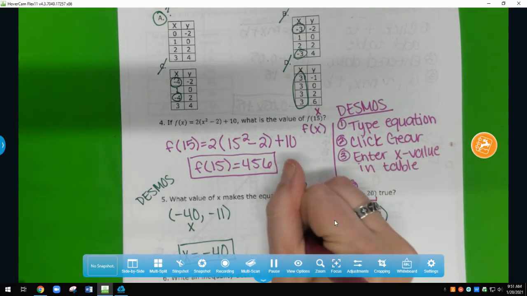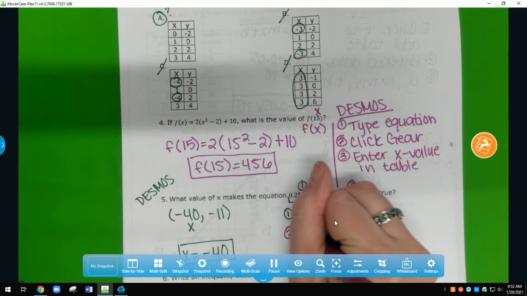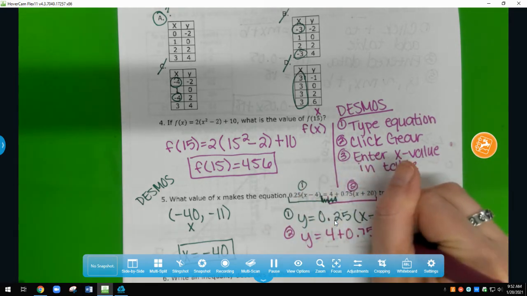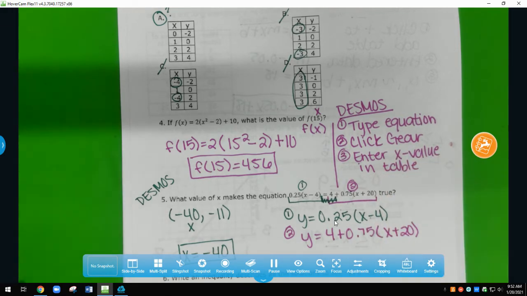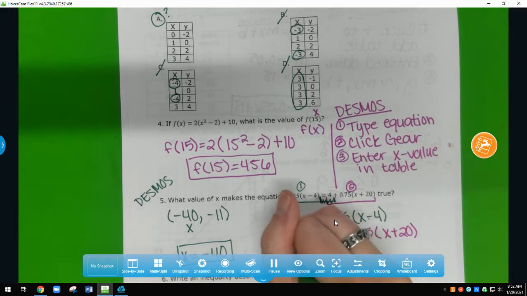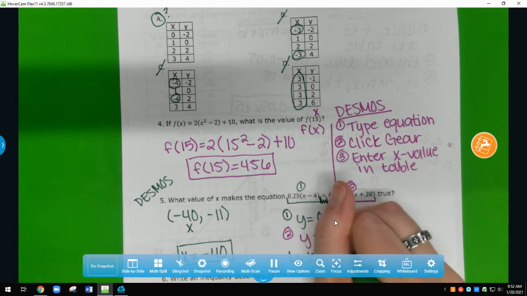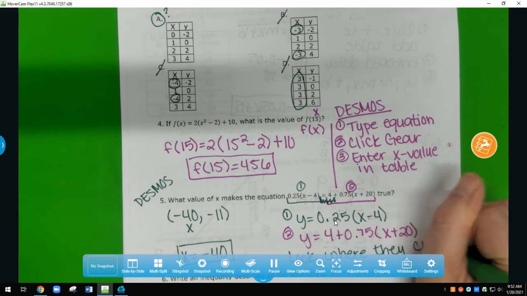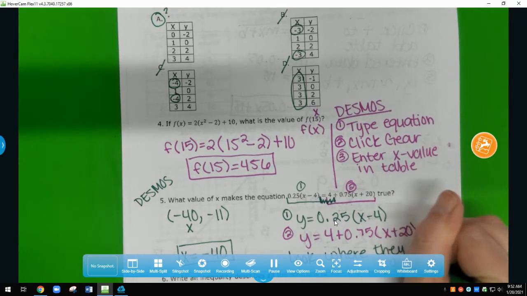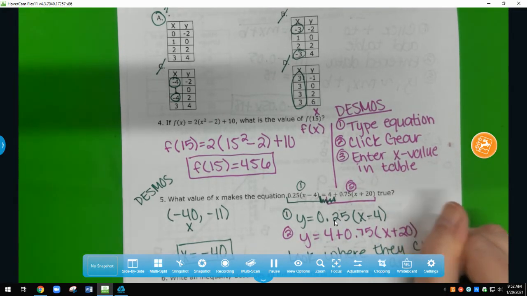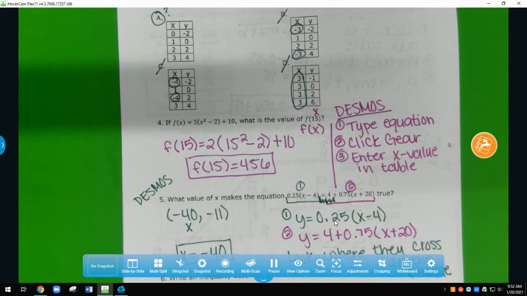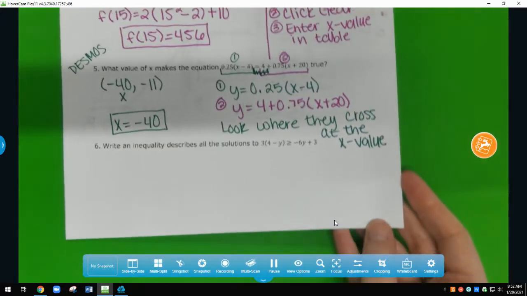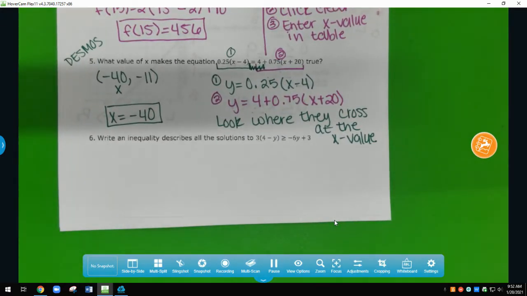In line 2, you put y equals 4 plus 0.75 times x plus 20, and then you look where they cross at the x value. Okay? All right, number 6.